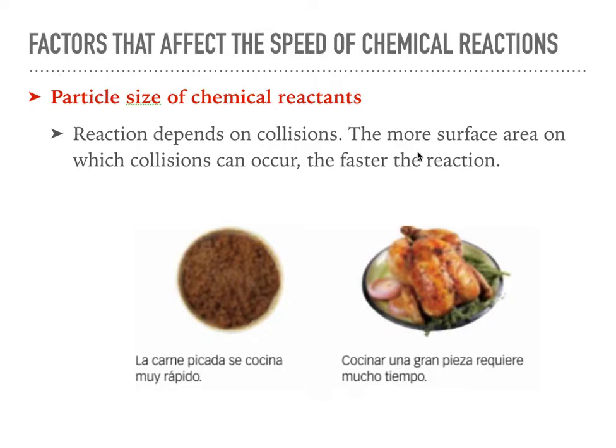And here the sentence is a bit weird, because you think this has more surface area than minced meat, but it's not true, because here the contact surface area is only the one that is surrounding the chicken. But if we cut it, then we have the top and the bottom of this piece, and the other piece that was inside. If you cut it in small pieces, it's going to be touched by air everywhere.